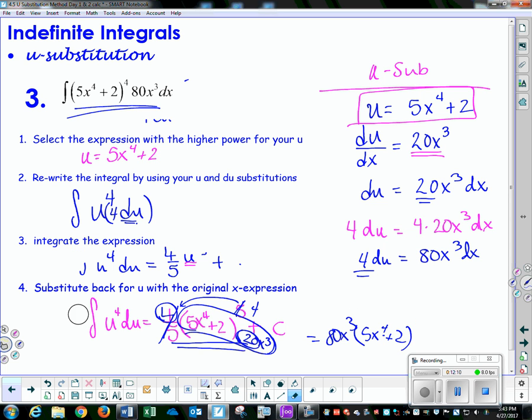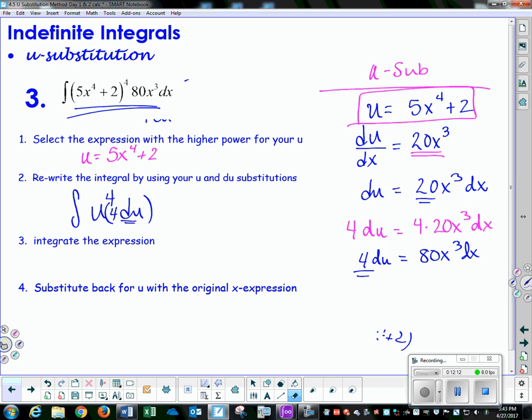The fact that we had to do a little bit of work to match up with the 20x cubed, since it didn't match perfectly, so we multiplied by a 4 and got our 80x cubed. My critical mistake when I started rewriting this was that it should be replaced by a 4 du, which I bring down into here.